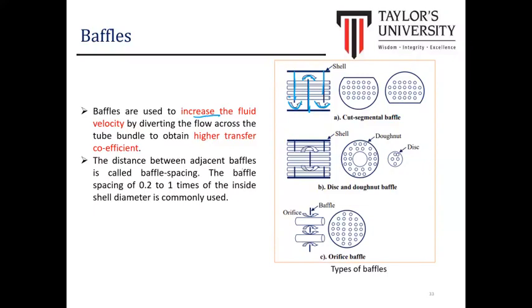The distance between adjacent baffles is called the baffle spacing. A baffle spacing of 0.2 to 1 times the inside shell diameter is commonly used, so after you define your shell diameter, we can define the baffle spacing.